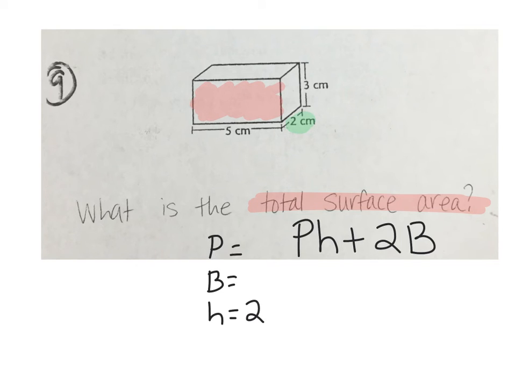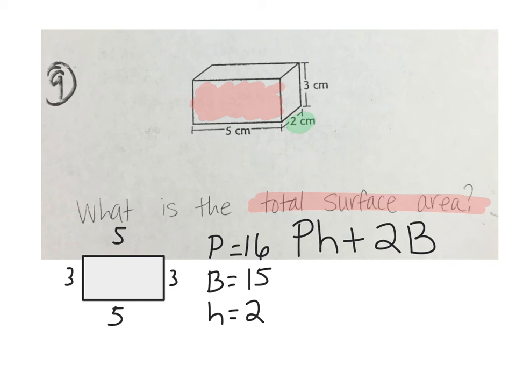So we need to find perimeter and the area of the base. So let's draw out our reference that we had. Let's draw a rectangle here. I know this is 5. This is 3, 5, and 3. Good, so we can just add them up. 5 plus 5 plus 3 plus 3 will give me 16. Area of the base is just 5 times 3, so I know that's 15.